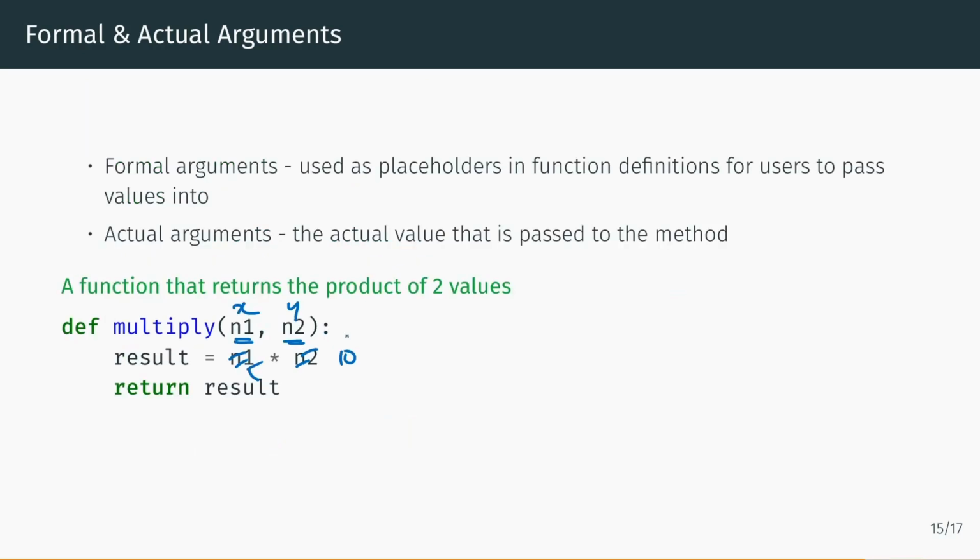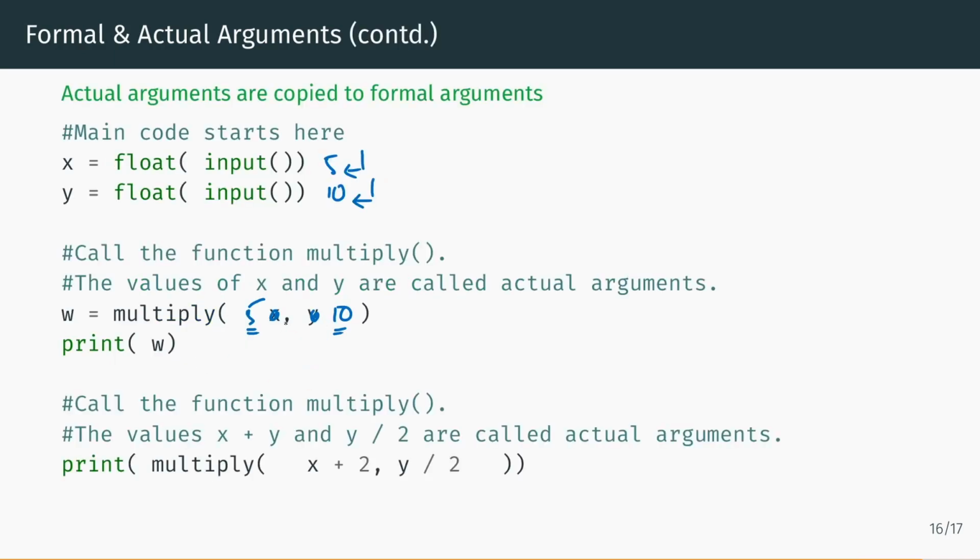Multiply has two placeholders, n1 and n2. n1 will have the value 5, n2 will have the value 10, and the result will be 50, which is what we return. So this entire thing would be replaced by 50, and when you print w, it's 50 as well.